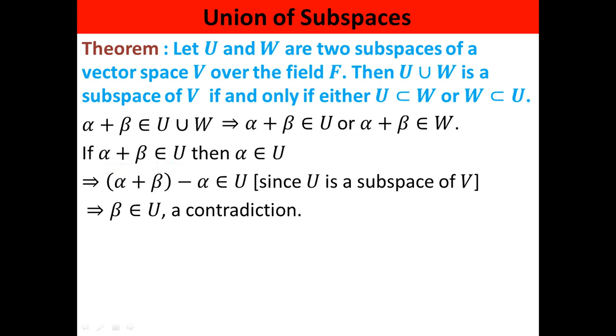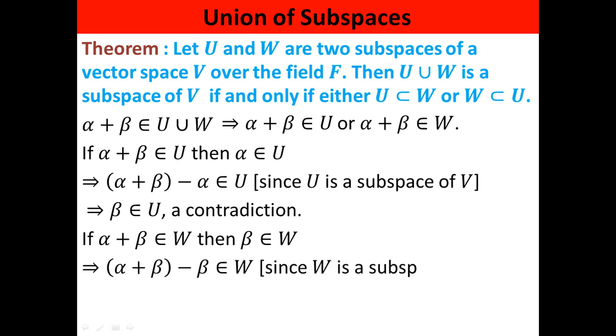If alpha plus beta is in W, then what happens? Then since beta belongs to W, both conditions imply that alpha plus beta minus beta belongs to W. Since W is a subspace, W under plus is a commutative group, therefore A composed with B inverse, where A is alpha plus beta and B is beta, and B inverse means minus beta, therefore alpha plus beta minus beta belongs to W. If you simplify, you get alpha belongs to W, but it is a contradiction because alpha is an element in U minus W, so alpha belongs to U but alpha does not belong to W. So this is not possible, so our assumption was wrong.